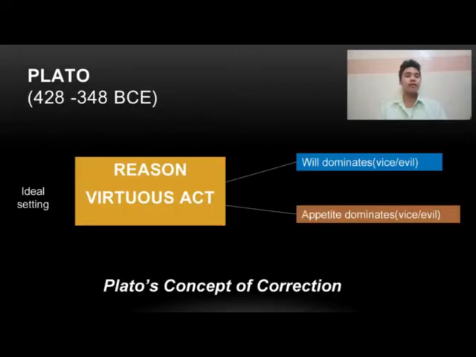Next in his business application, Plato believes that a reasonable and virtuous action is one that is not dominated by the will or the appetite. So in Plato's philosophy we must create decisions that are just for the business, and we do not take part in it with our subconscious mind, such as how we will be compensated for making that decision, because that would be allowing our appetite or our will to dominate reason in decision making.